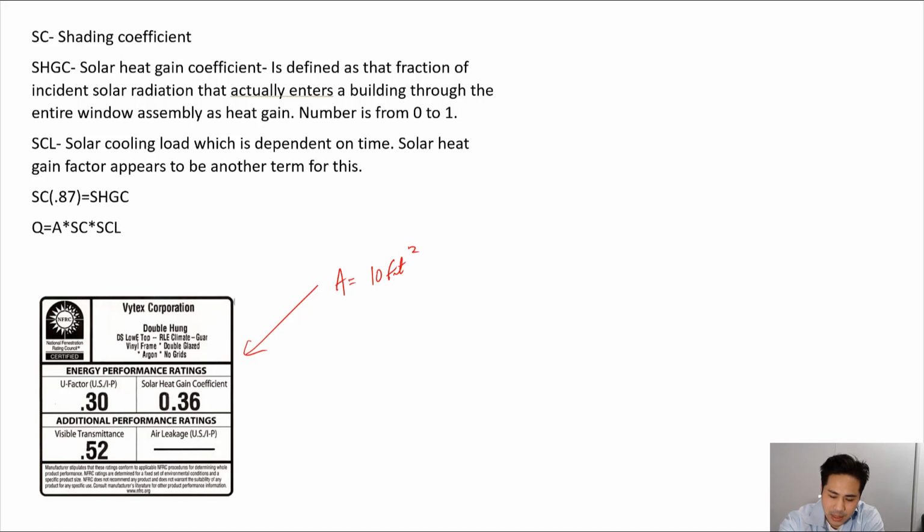Let's consider the time to be 9 a.m. and the window is on the south side. So you have north, east, south, west, and the building is here and the window is here. We're going to use this formula here to calculate the heat transfer rate from the solar radiation through this window.